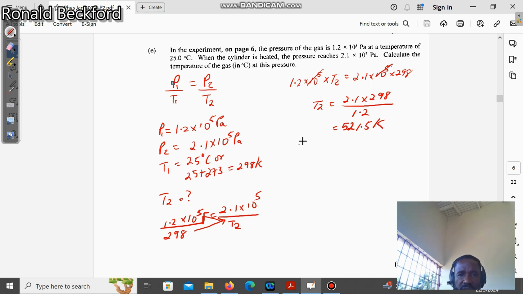To get that into degrees Celsius, we subtract 273 from 521.5, which is equal to 248.5 degrees Celsius. So the temperature is 248.5 degrees Celsius, and that is how you would have approached this question.